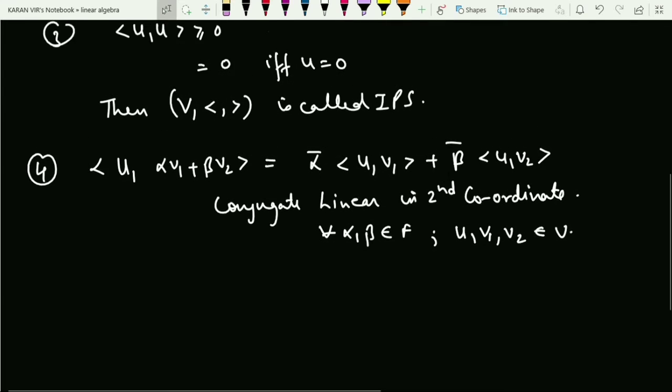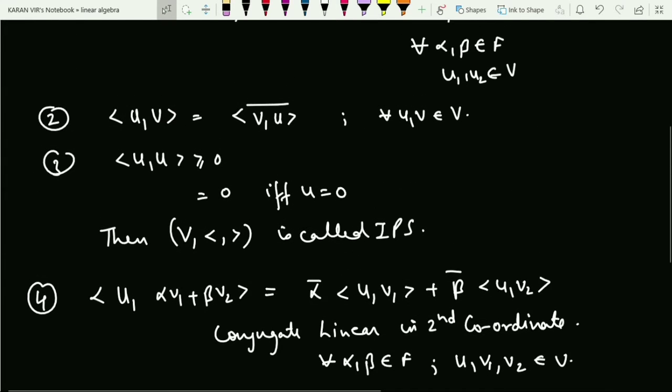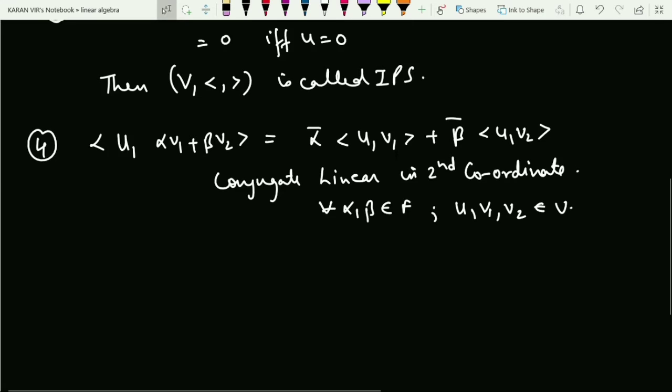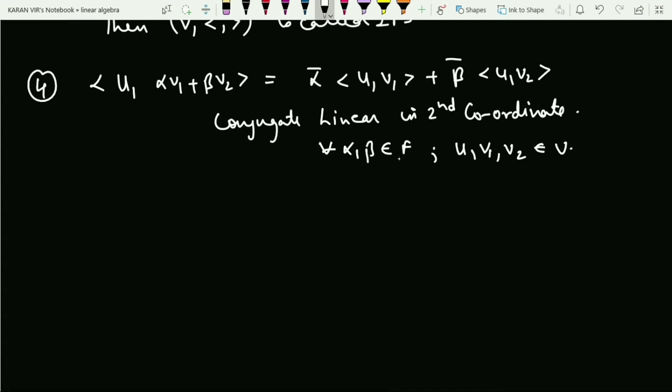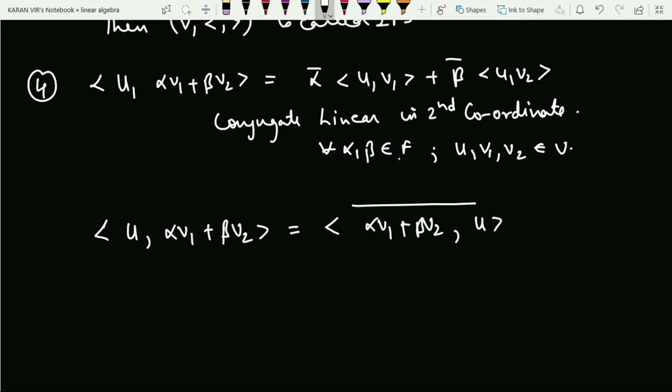Why have I not mentioned this property above? Because this property can be easily derived. How can it be derived? If I take u comma alpha v1 plus beta v2, I can write it as the inner product of alpha v1 plus beta v2 comma u, whole conjugate, because we know that the inner product of u comma v equals the conjugate of the inner product of v comma u.